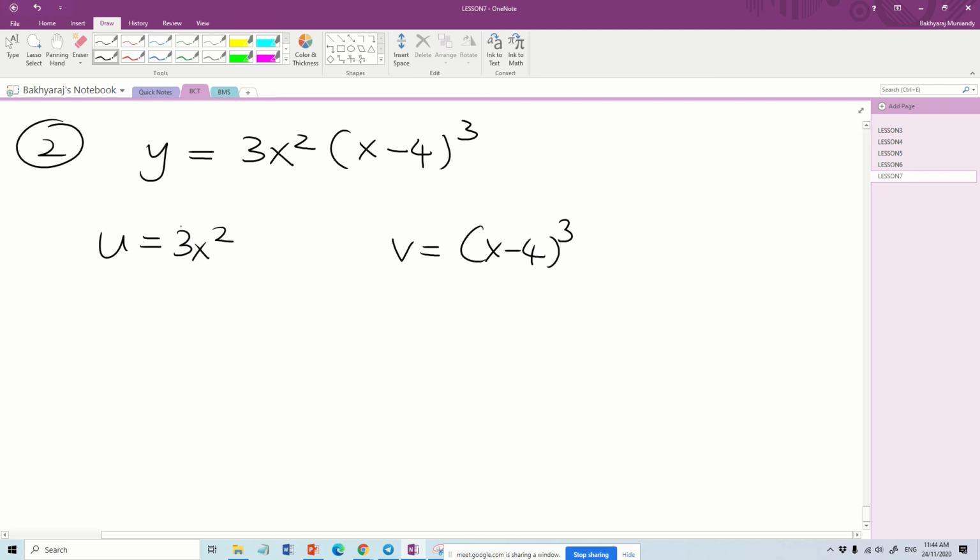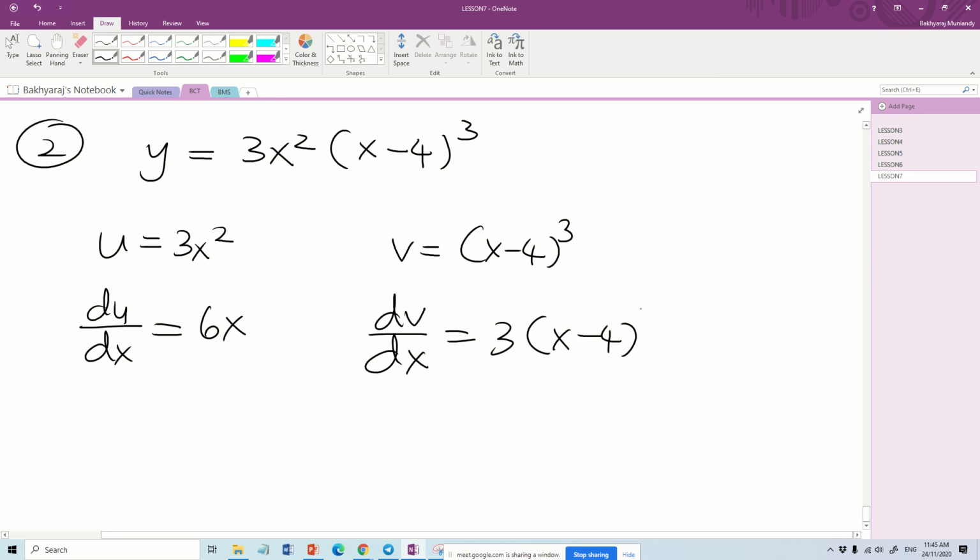Okay, so du dx equal, okay, ini akan dapat 6x, and then dv dx akan dapat 3 times x minus 4 power of 2, right?